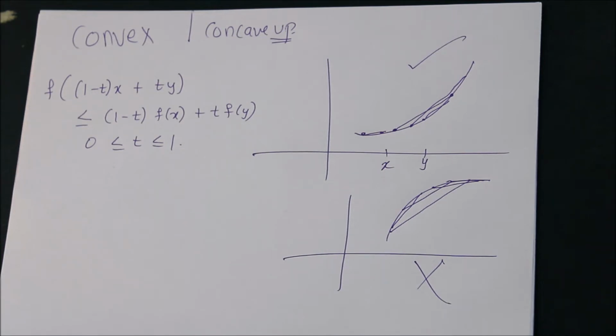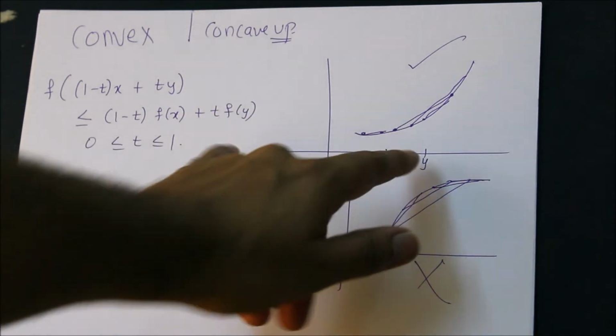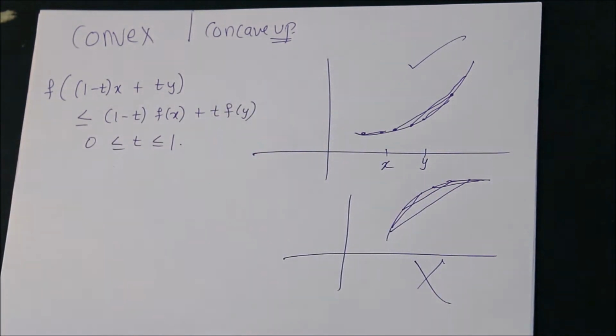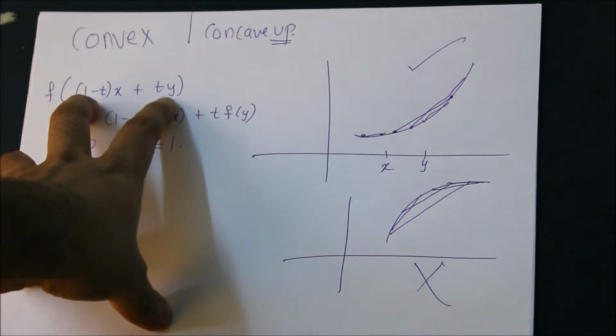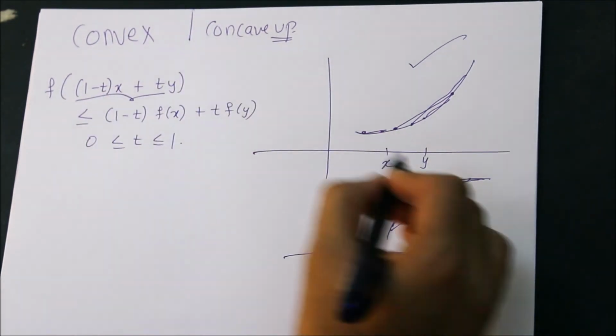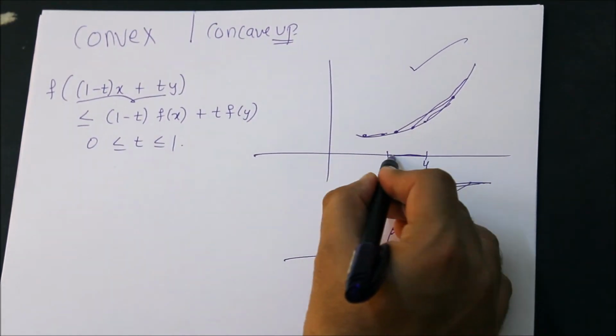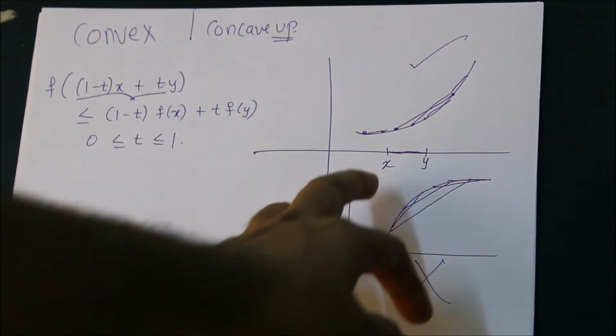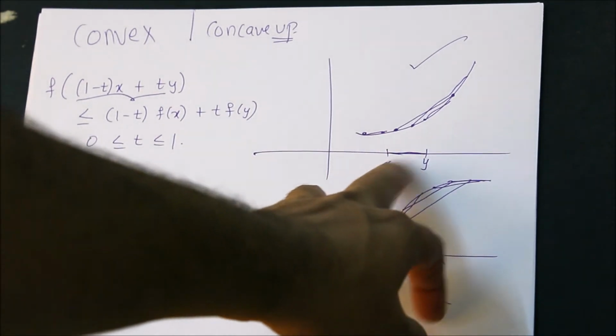This much is sufficient, but those who know parameterization can relate both things in a more proper way. If you observe carefully, the term inside f is the parameterization of the segment joining x and y.